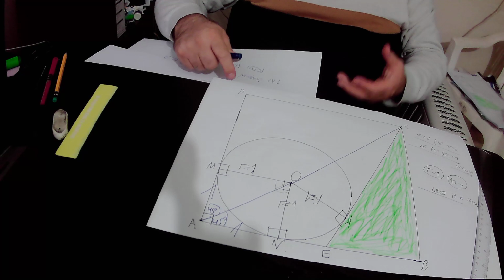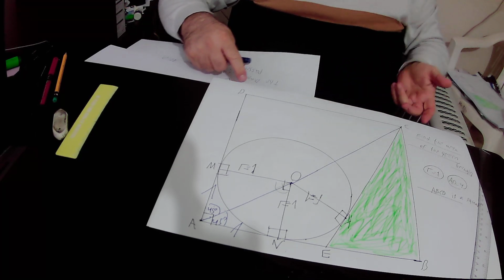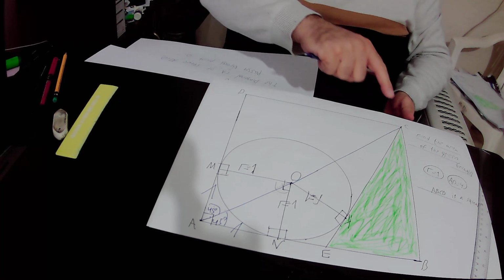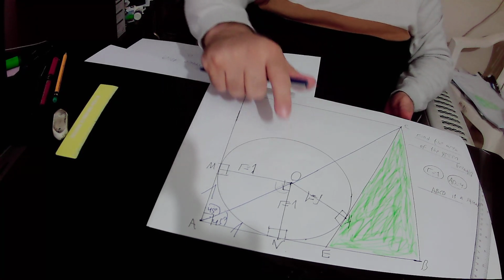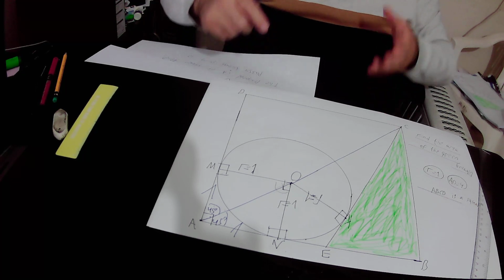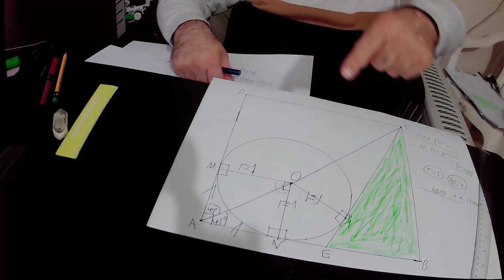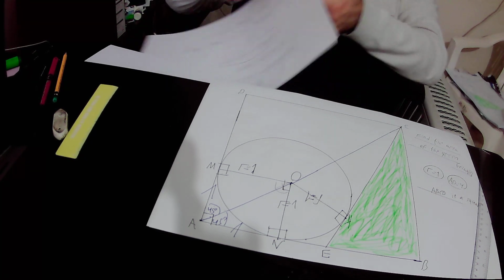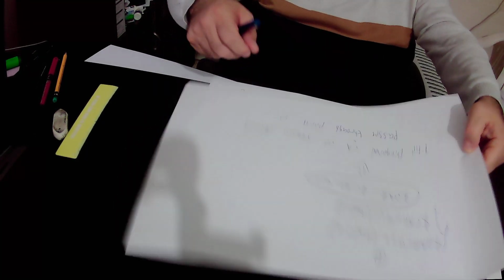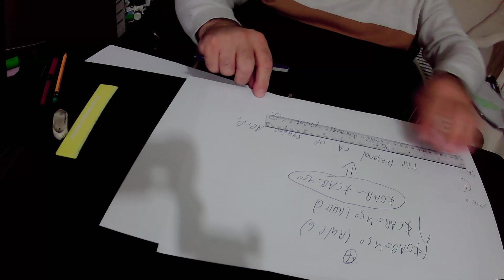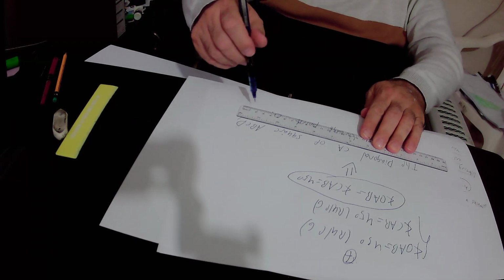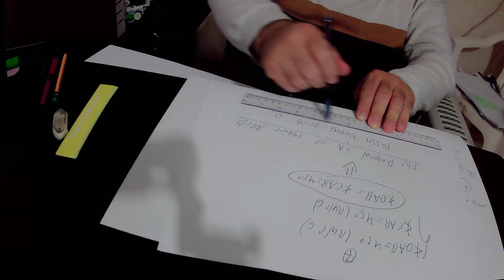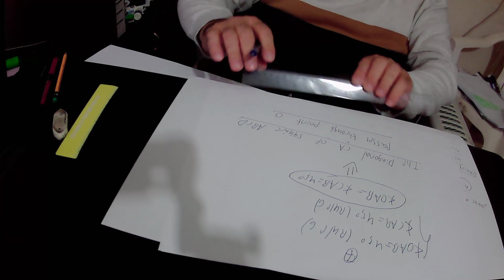But because those two angles are equal to each other, it must be that the diagonal CA passes through point O. Therefore, we conclude that the diagonal CA of square ABCD passes through point O.